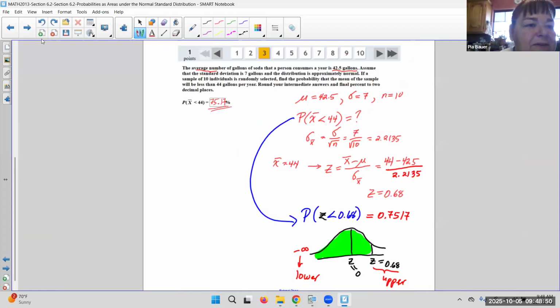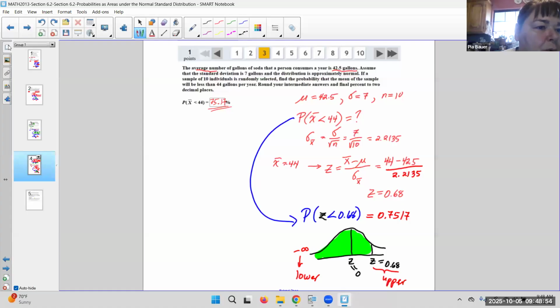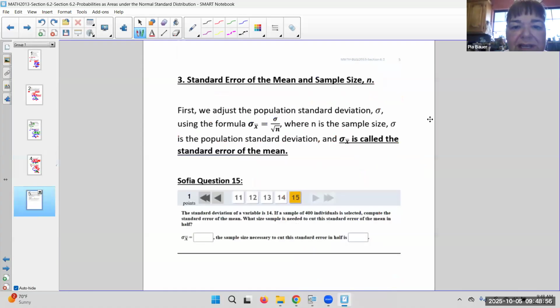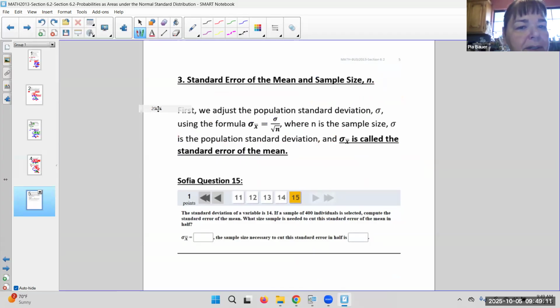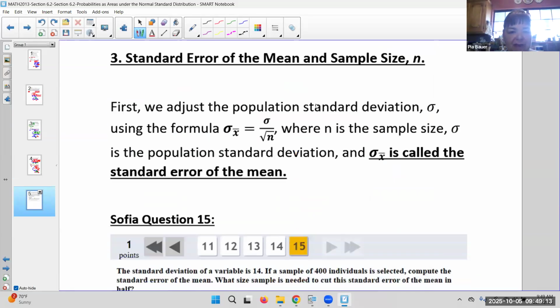Now, the last type of exercise, there's actually only one question related to this, and it's worded a bit strangely, so I thought it would be good for us to look at it. Here, they're talking about the standard error in relation to finding the sample size.